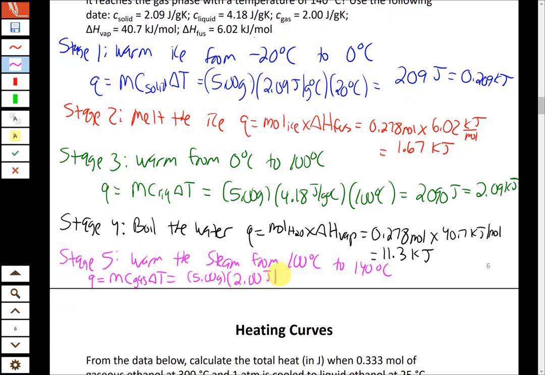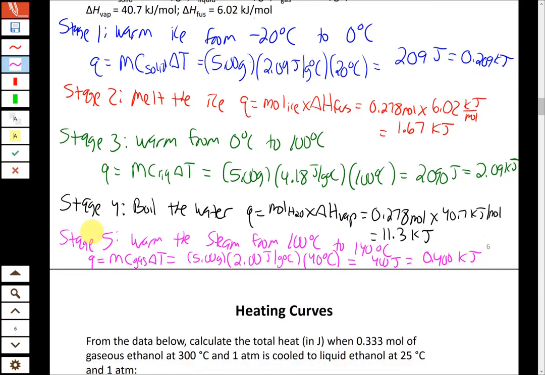So that's 2.00 joules per gram degrees Celsius. And the delta T for this phase, we're going from 100 to 140, and that's where we tell you to stop in this problem. So delta T is going to be 40 C or 40 K. And so that amount of heat is 400 joules, which is 0.400 kilojoules.